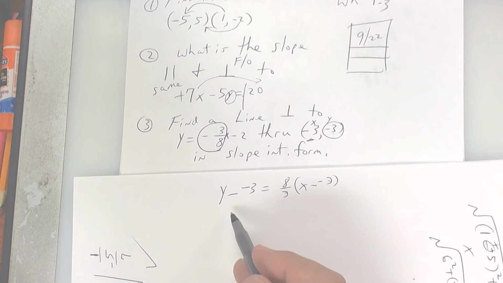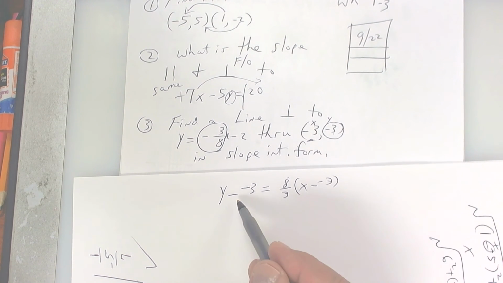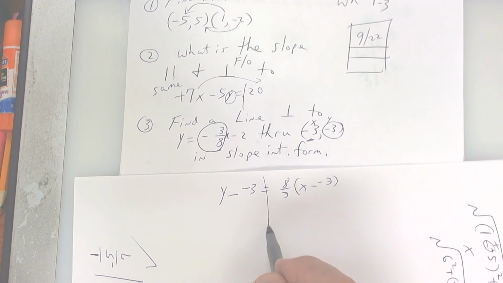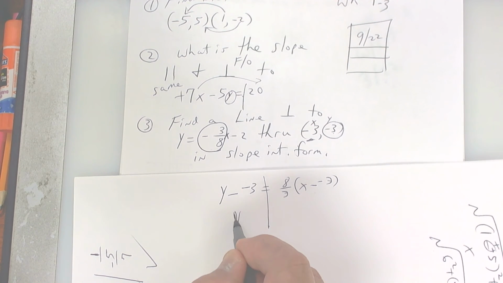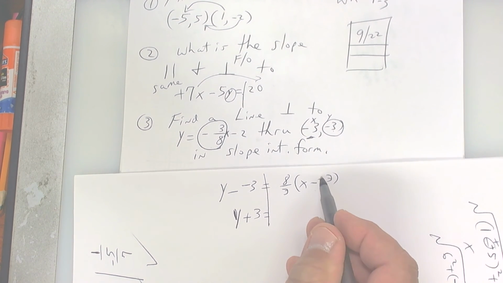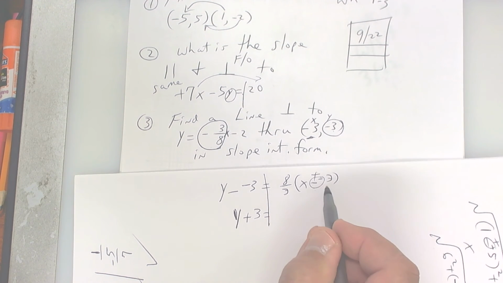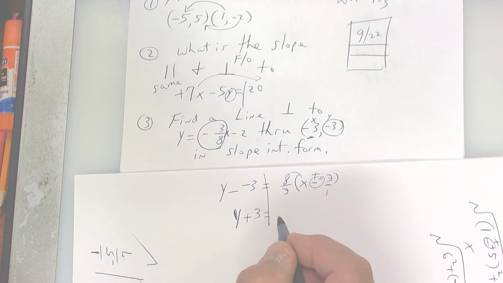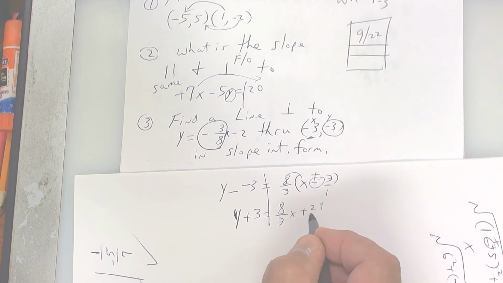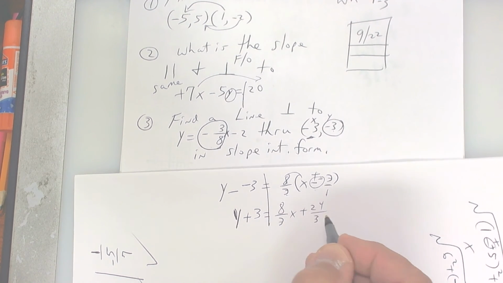Okay? Now this is okay. This is called point slope, but it's not in slope-intercept form. So you got to draw your line and work this out to get y by itself. So you're going to get a plus 3. You're going to go ahead and put a plus here and a 1 under here, and you're going to distribute. So you're going to get 8 over 3x. 8 times 3 is going to give you 24. 3 times 1 is 3.